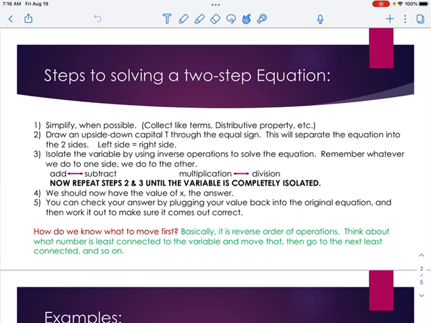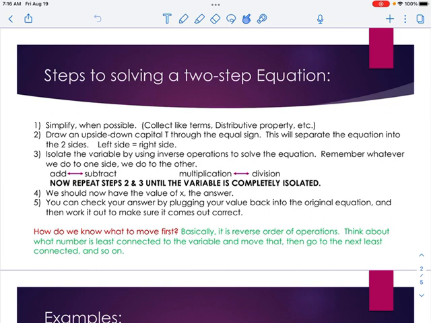So the way that we undo that is we go in reverse. If you think about it, if you plug the number in, first you would multiply by 2 and then you would add 3. Well, when we solve, we're going to get rid of the adding 3 first, then we're going to get rid of the multiplying by 2 second. So it's basically reverse order of operations, okay?